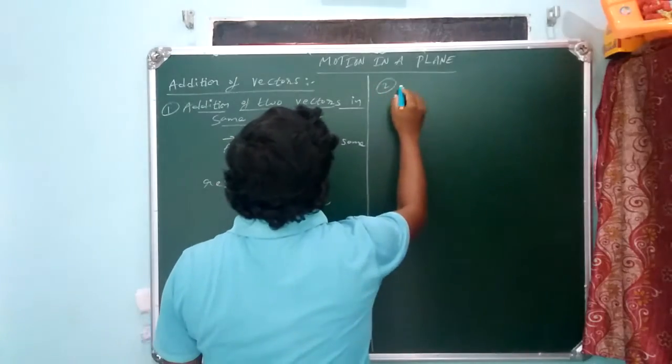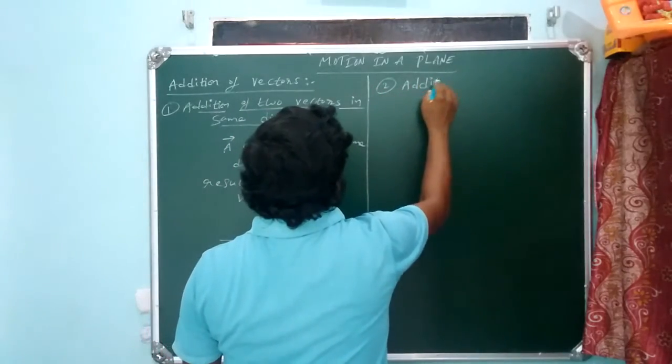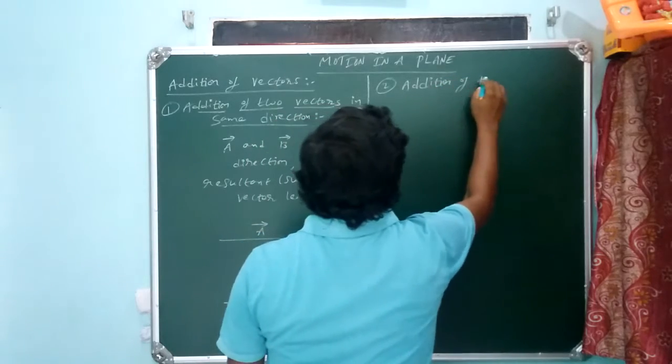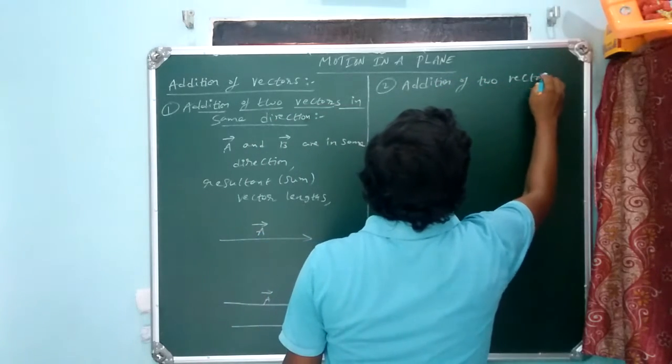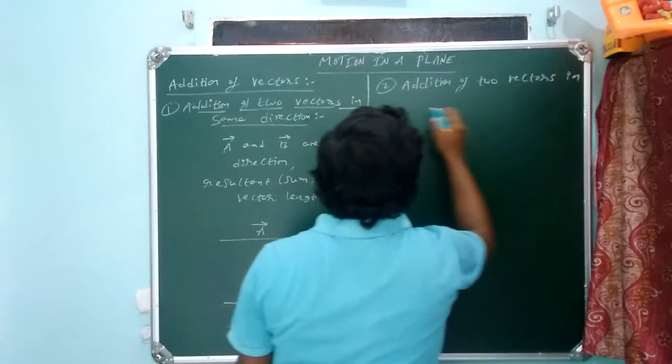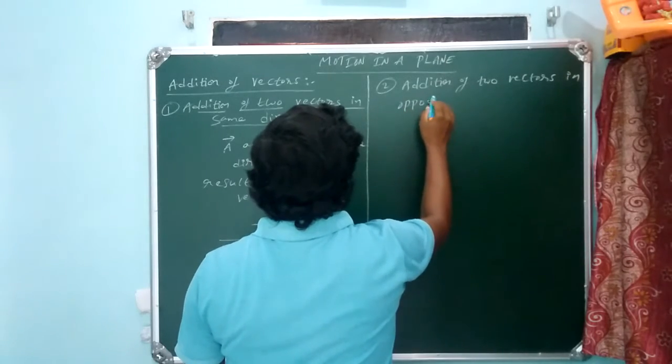Second one, addition of two vectors in opposite direction.